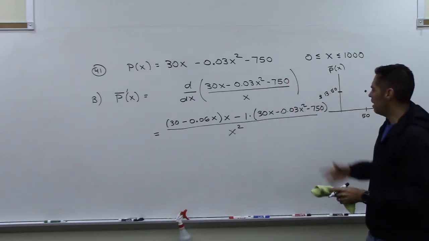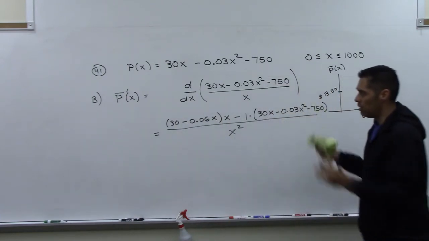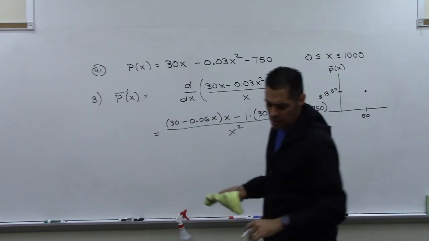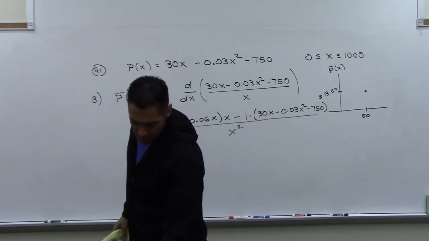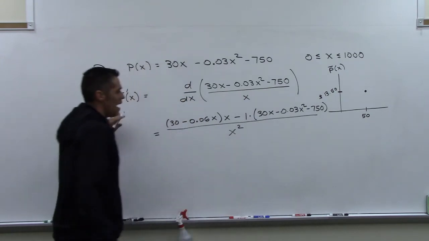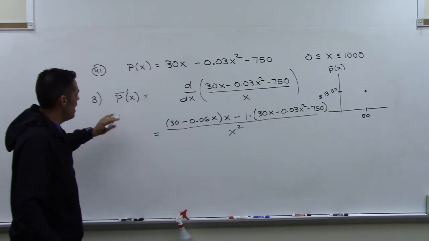Okay, now I could clean things up, I could distribute through and get it all cleaned up. But let's just get down to the next question, which is, still in part B, to find the marginal average profit at 50 lawnmowers.